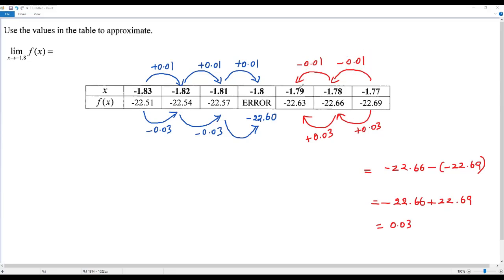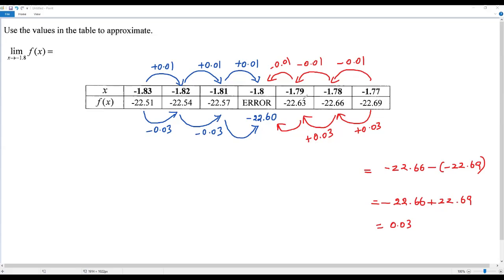Again, let me decrease the value of x, negative 1.79, by 0.01. When I subtract 0.01 from this value, I get negative 1.8. In that case, f of x should again increase by 0.03.